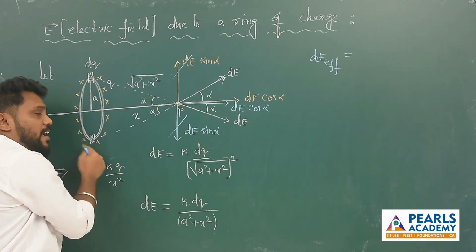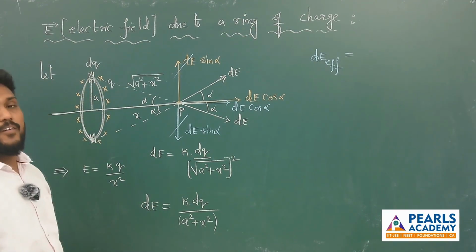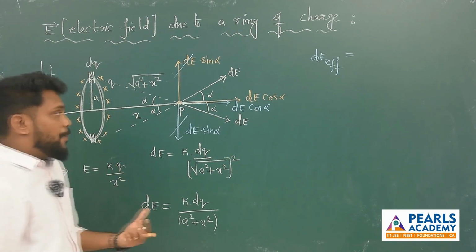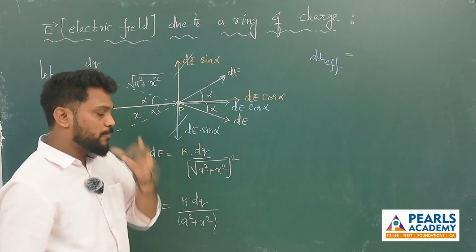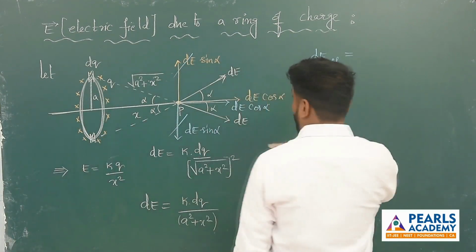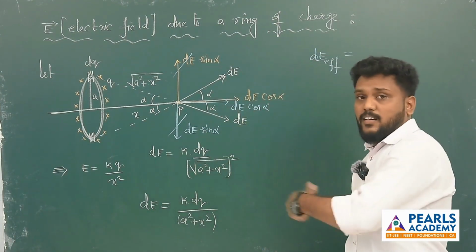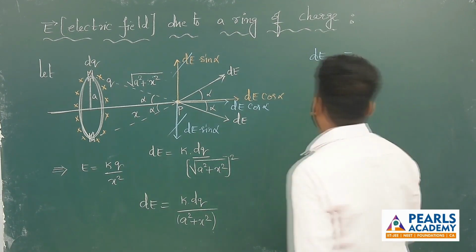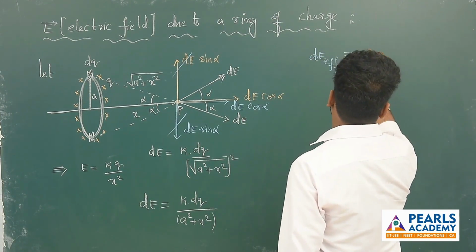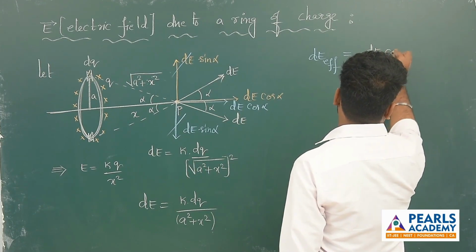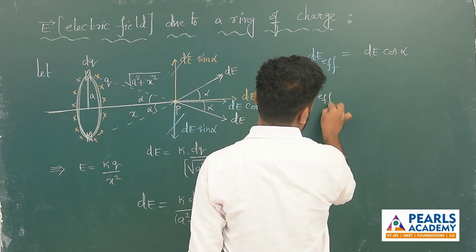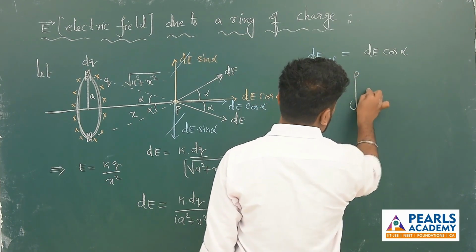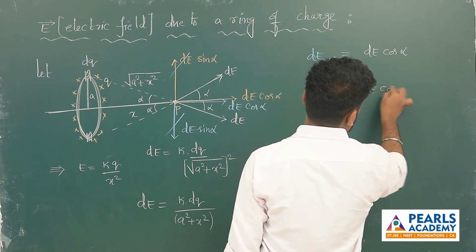Like this we can have an infinite number of pairs of charges. Each pair contributes dE cos alpha at point P towards the right according to the diagram. So the net electric field of the overall ring, taking all the pairs, will be the integral of dE cos alpha.